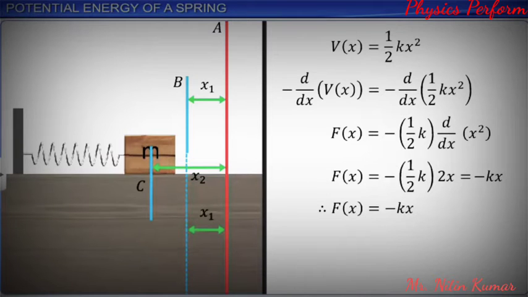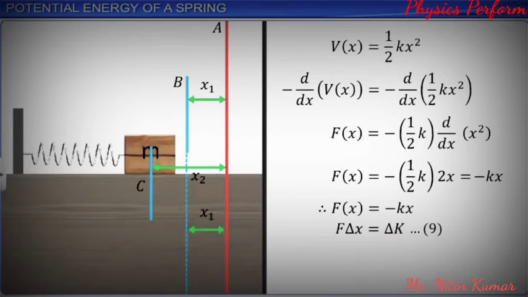That is, F Δx is equal to ΔK, where F is the net force, Δx is the displacement, and ΔK is the change in kinetic energy. Let this be equation 9.